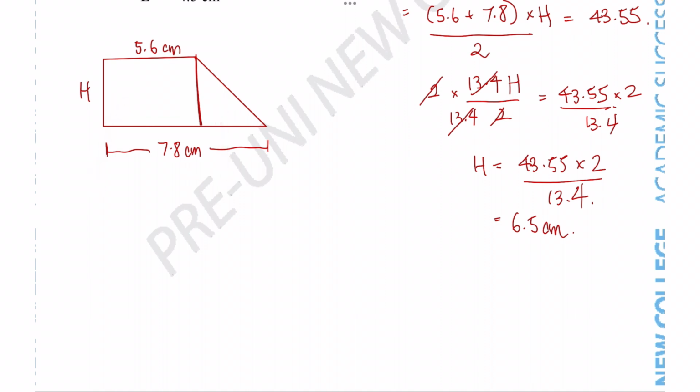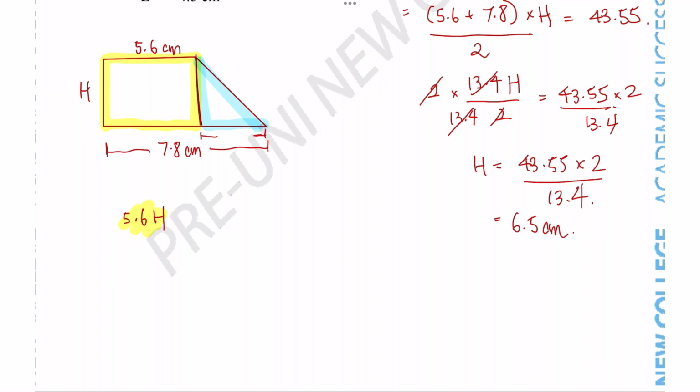For the rectangle, if you only wanted to figure out the area of the rectangle, that would be length multiplied by width, 5.6 times h. Now, if you then only wanted to figure out the area of this triangle, we would use the fact that this entire length is 7.8 centimeters and this length is 5.6 centimeters to figure out what this length is.